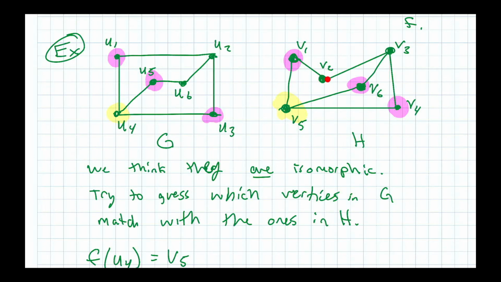But V2 is definitely not U2, right? Hopefully you can see that because U2 has 3 and V2 has 2. So this can't be this corner, right? So if this cannot be this, V2 and U2, then V1 can't be U1, right? Because you go here, here, here, that'd be here, here, here. This can't be this, all right?